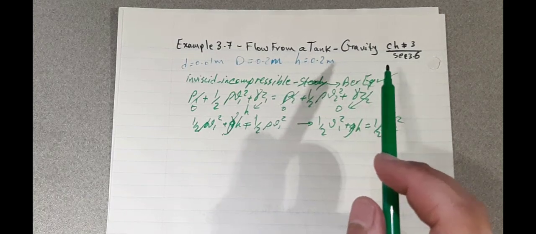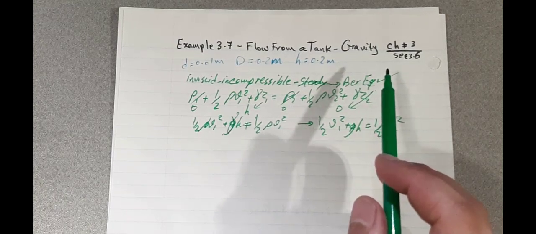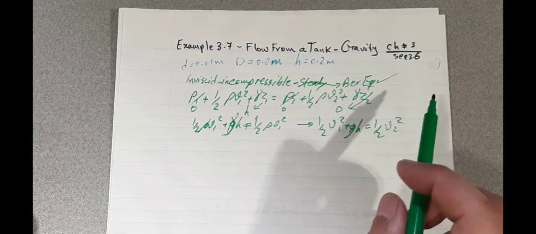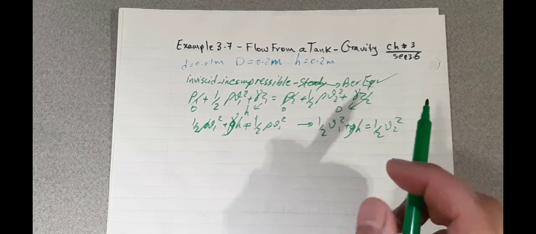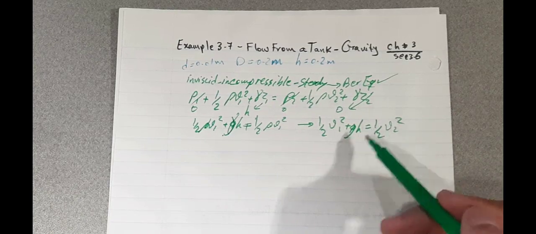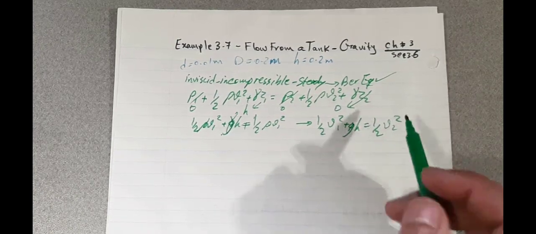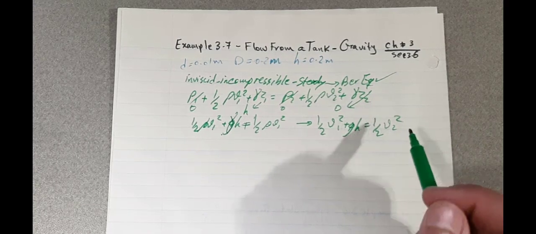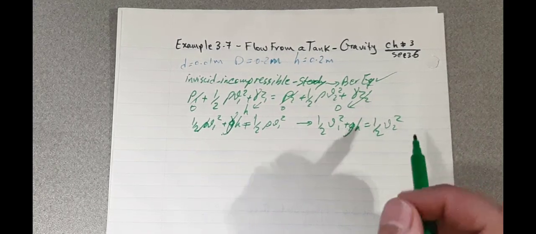So at point 1 we have the average velocity because of the flow from the tank. As the tank is getting drained, the velocity profile at the outlet can be regarded as uniform, and we can have the average velocity.